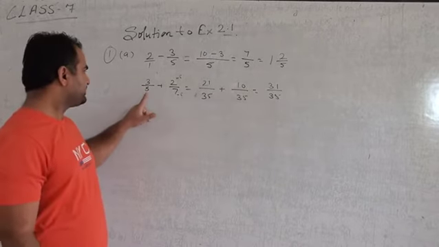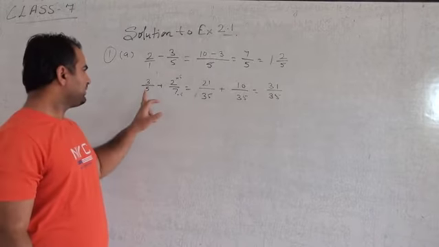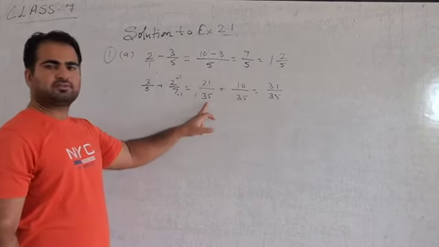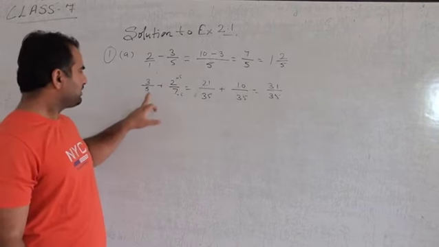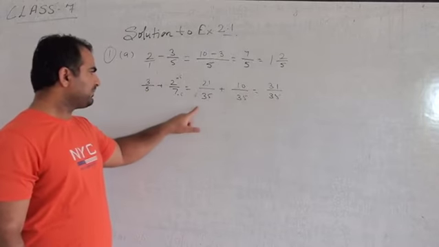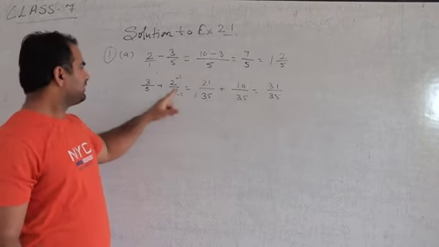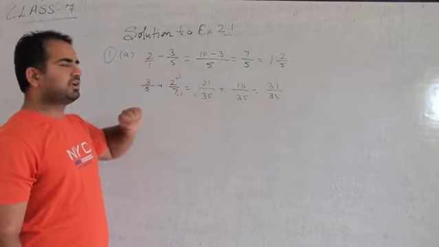We have changed 5 into 35. So if we have changed 5 to 35, then we also have to change the numerator by that multiple. 5 is multiplied by 7 to become 35, so the numerator 3 is also multiplied by 7, so 3 7s are 21.